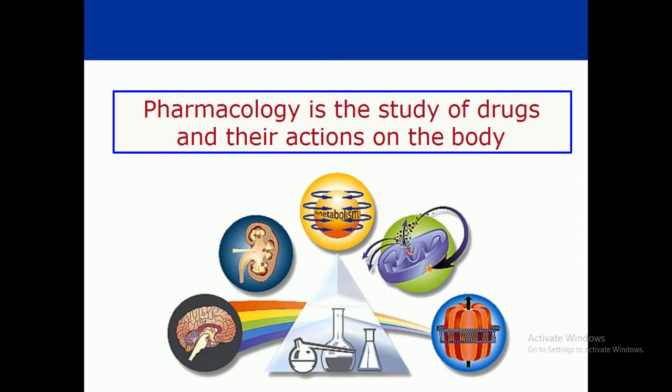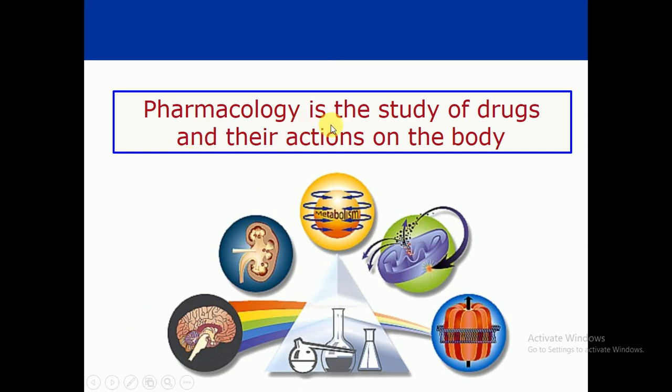In other words, pharmacology is the study of drugs and their pharmacological actions on the body, how these drugs interact with our body systems and can alter the activity of our body.